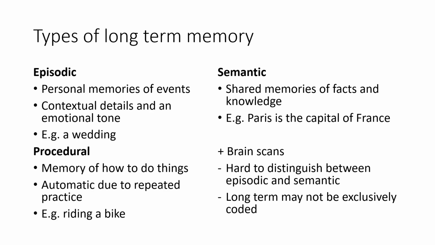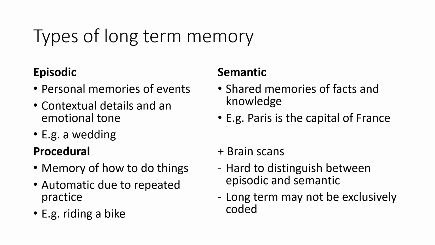In terms of types of long-term memory, you've got episodic, procedural, and semantic. Episodic is personal memories of events, so contextual details, and tends to have an emotional tone. For example, if you attend a wedding, that creates an episodic memory for each individual because everyone will remember it in a slightly different way.